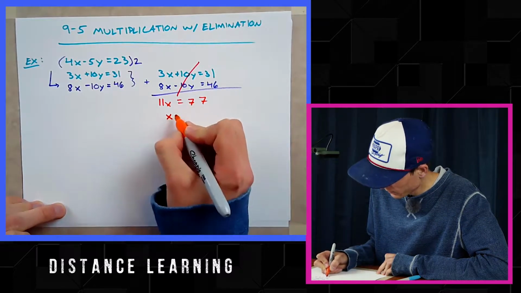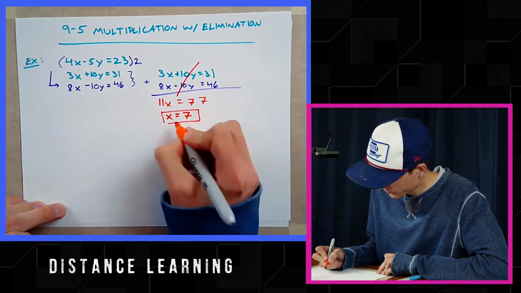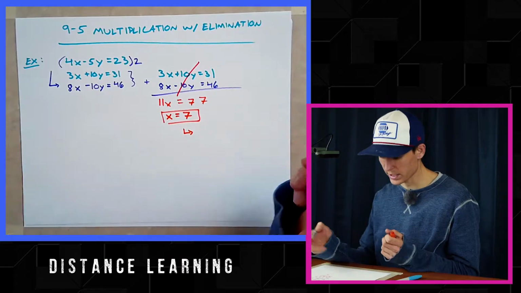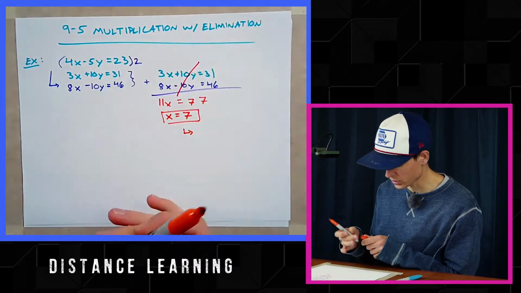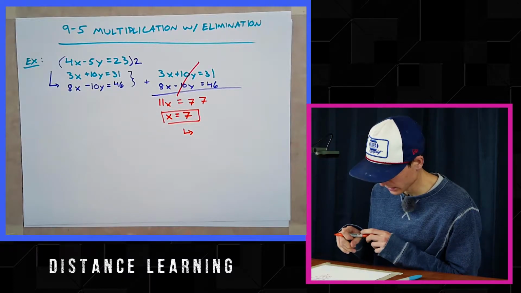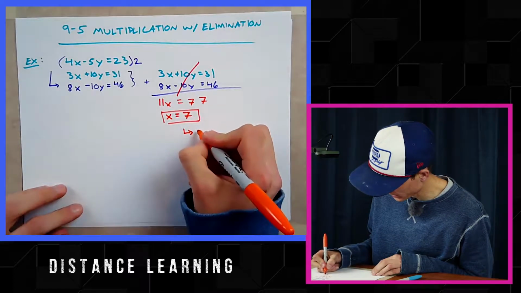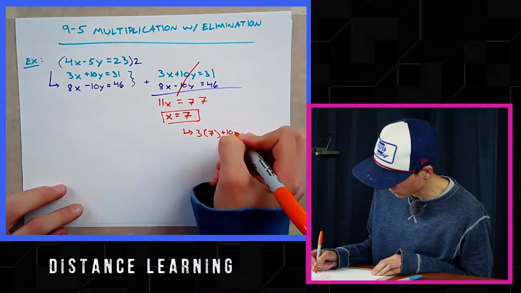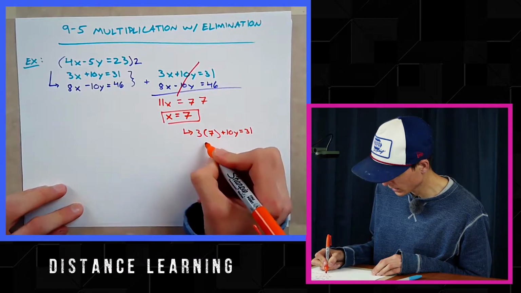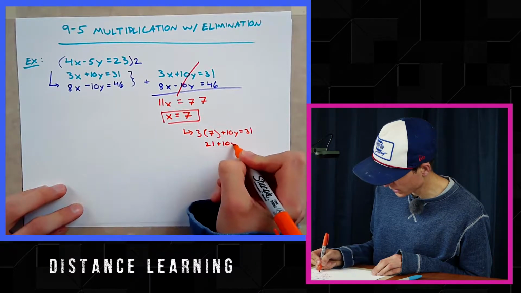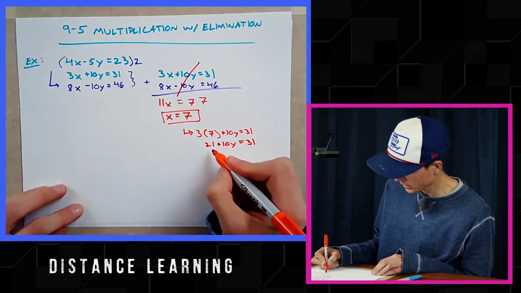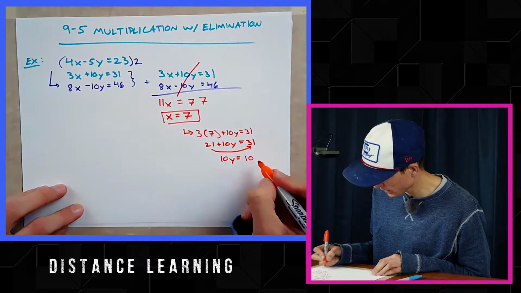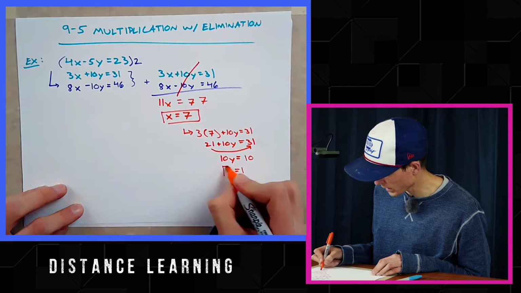Divide by 11: x equals 7. Then you plug that into either the top or the bottom equation. Let's do the top because it's got adding, and I'd much rather add. So 3 times x, but x is now 7, plus 10y is 31. That's 21 plus 10y equals 31. Subtract 21, 10y equals 10, divide by 10, y equals 1.